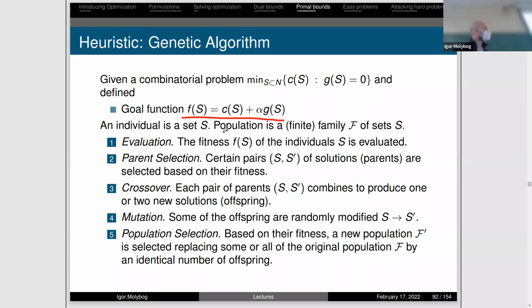So you're operating with a population of some subsets S. The population here is denoted with a calligraphic F. And you're given, let's say, a finite set of sets, which is your population. Now, what can you do with the population? First of all, you can evaluate it. You can just find the values of the goal function on each of the members of your population.